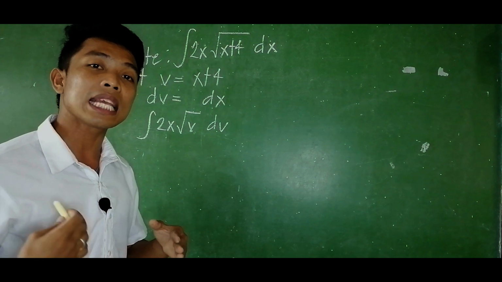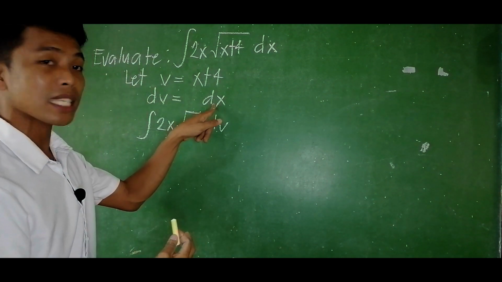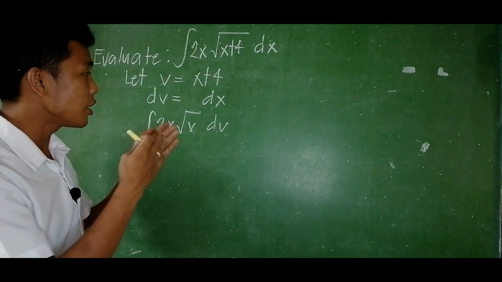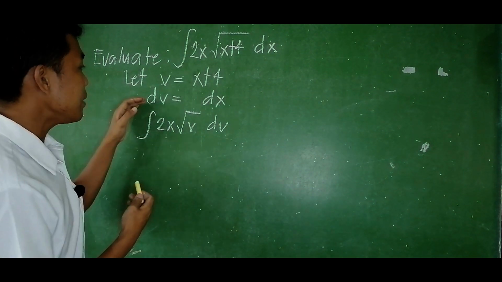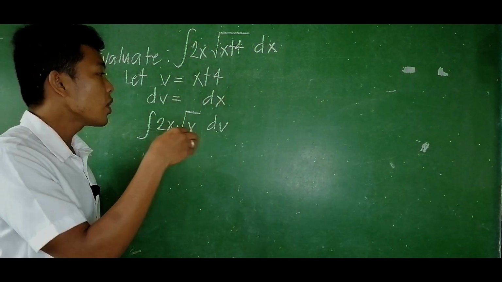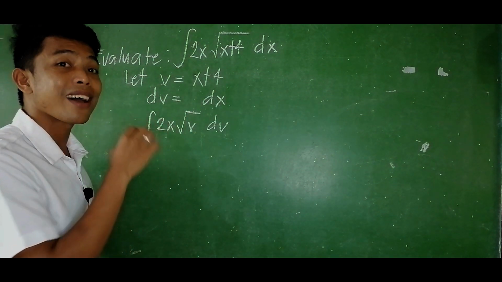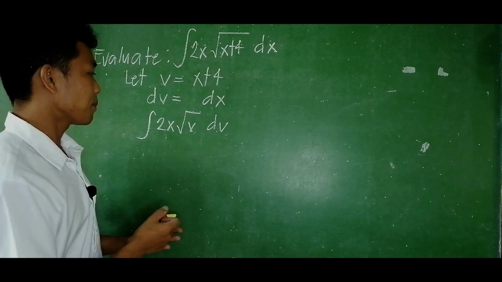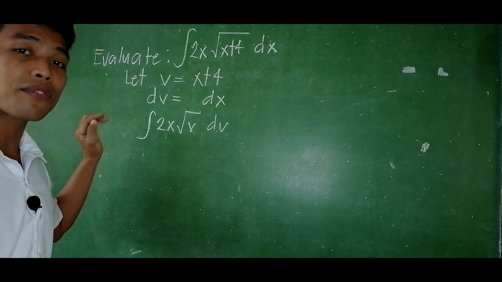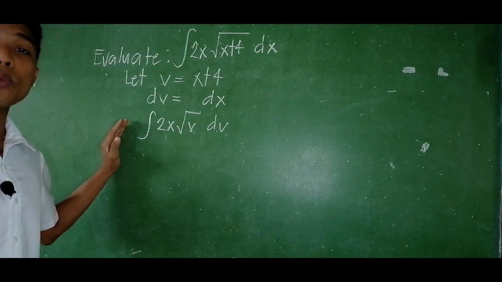We can automatically substitute dx by dv. We are no longer going to divide dv and dx by a certain number because dx has no numerical coefficient other than 1.